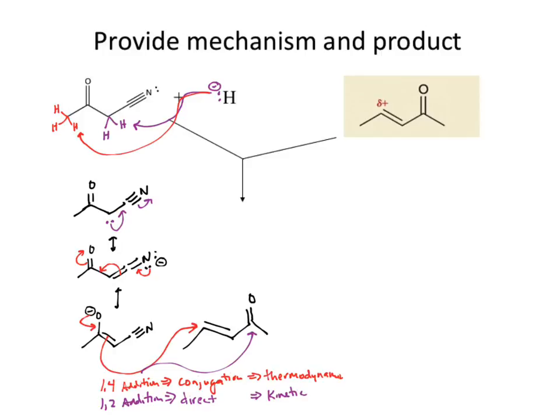How do we tell if our reaction is reversible or irreversible? That means we have to look at our nucleophile. We would compare our nucleophile to the products produced. Oh, that arrow is going to get in the way, so I'm just going to erase that. So if we went through and did the 1,4, what happens?